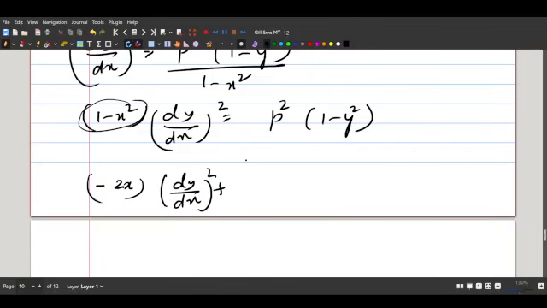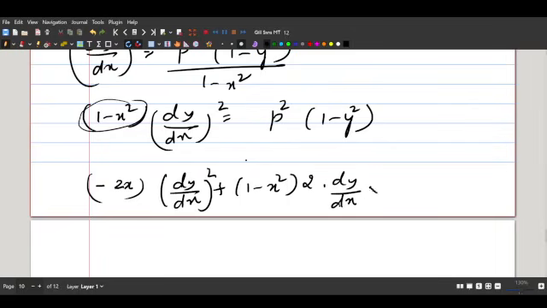Then plus (1 minus x square) as it is, and take the derivative of the second one using chain rule. I'll write 2 into dy upon dx, and then the derivative of dy by dx one more time will give you d square y upon dx square. On the right side, p square is constant so it comes as it is, 1 is constant so 0, and for y square it's 2y dy by dx.